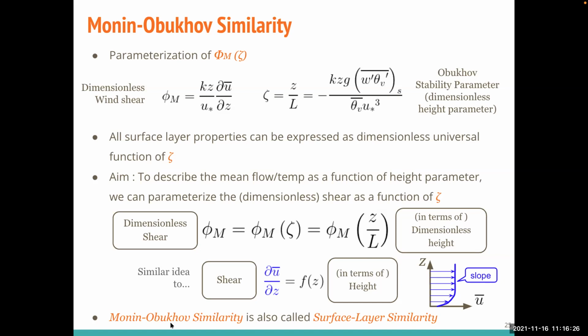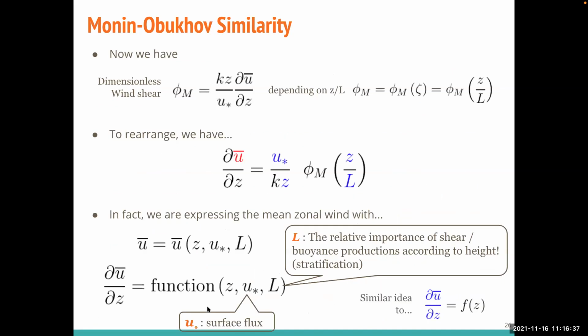So the Monin-Obukhov similarity theory, I think they are both Russians. It's also called surface layer similarity, or you just call it similarity theory. So now we have the dimensionless wind shear, and we assume that it depends on, we don't know yet at this stage of the lecture, the dimensionless height.